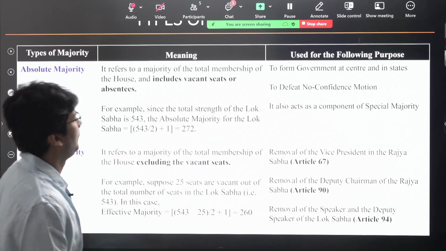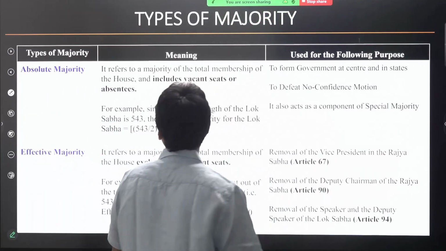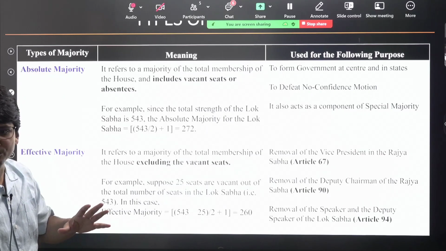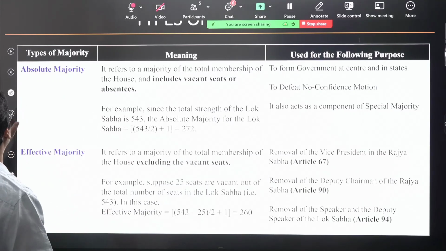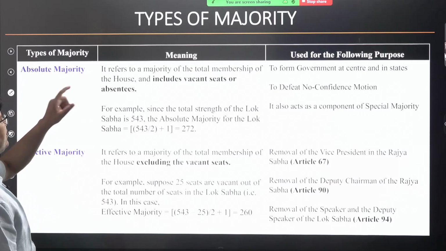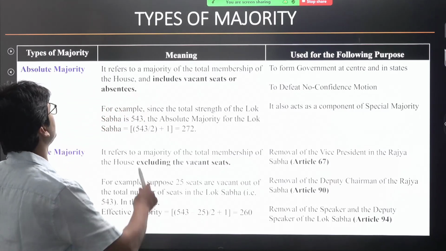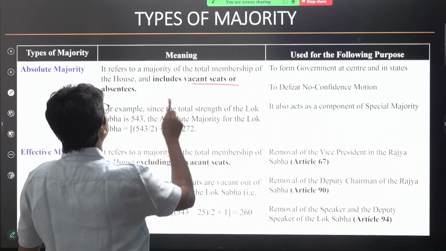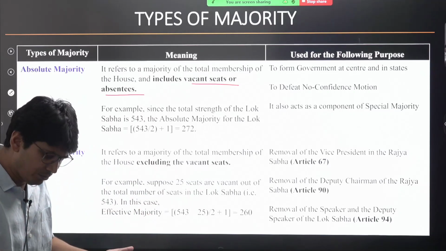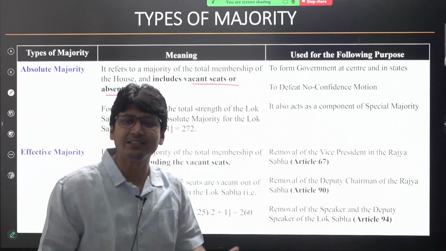Then comes absolute majority. Now see, there is a difference between absolute majority and effective majority. Let's understand this. Absolute majority refers to a majority of the total membership of the house and includes vacant seats or absentees. Total membership: it doesn't matter who is absent, who is present, whether the seat is vacant or not.